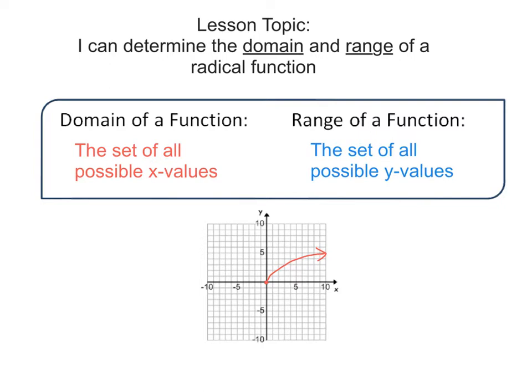So when we talk about domain, I often say, think about it as being the leftmost values of x to the rightmost values of x. And then to talk about the range, again, we're talking about the set of all possible y values.